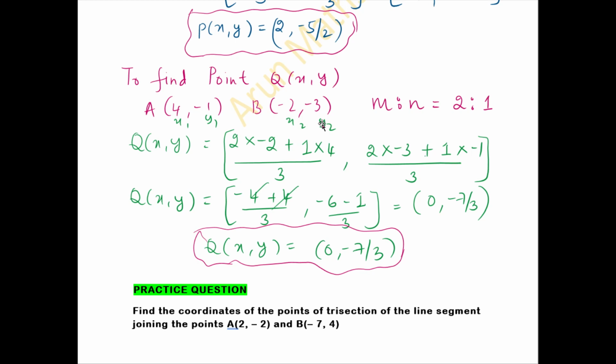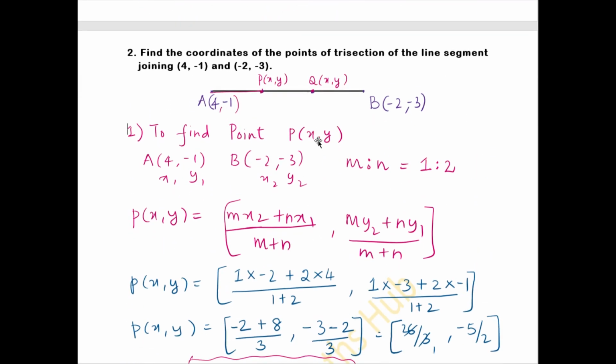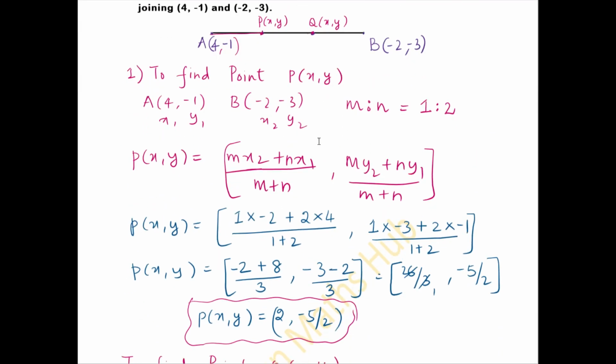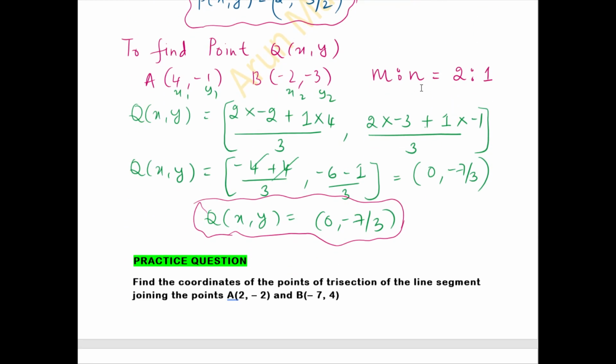Students, understand trisection means dividing the line into 3 equal parts joined by the points A and B. You need to find out the points P and Q. P and Q are the points of trisection. P divides the line in the ratio 1:2, whereas the point Q divides the line in the ratio 2:1. Draw the figure and do the problem so that you can understand better.